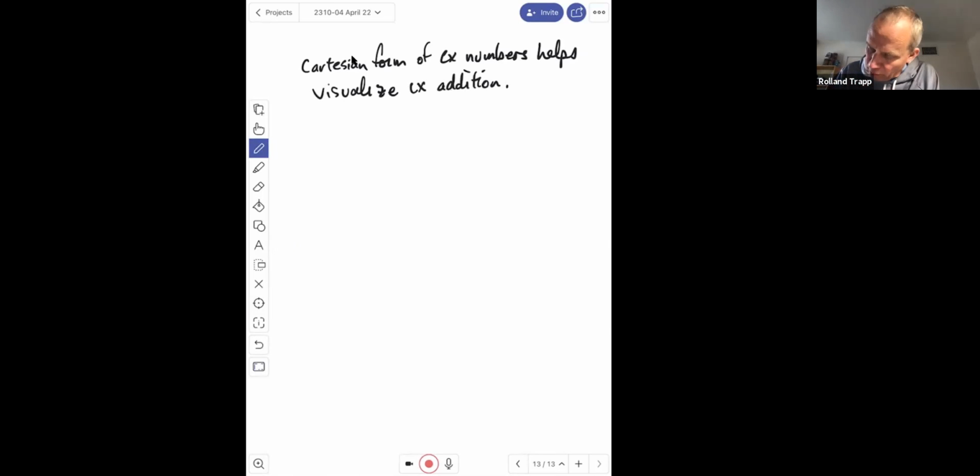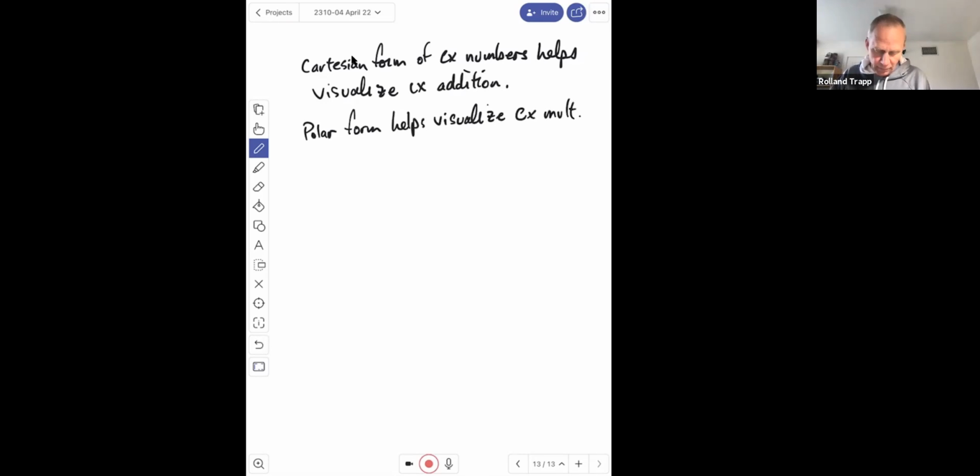The polar form helps visualize complex multiplication.